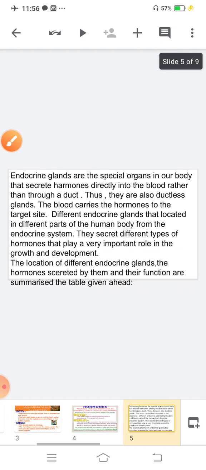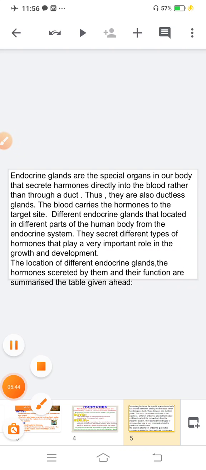Is this clear? Endocrine glands are special organs in our body that secrete hormones directly into the blood rather than through a duct.